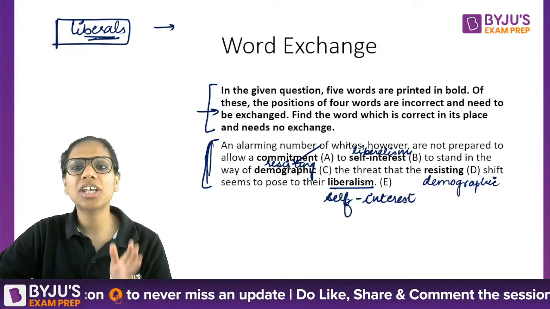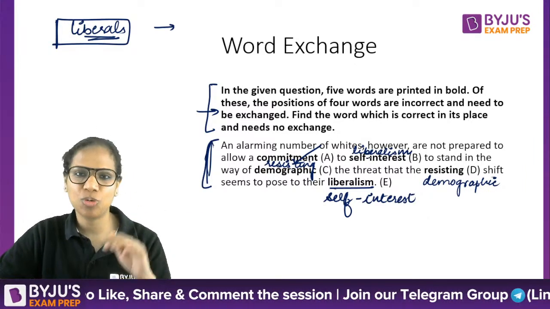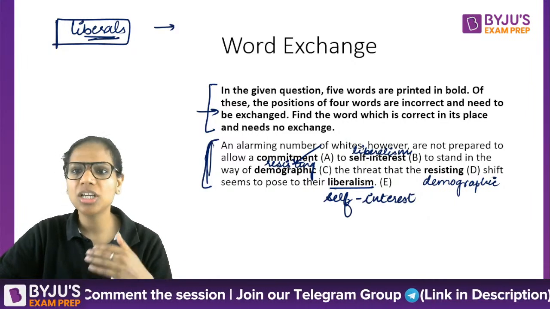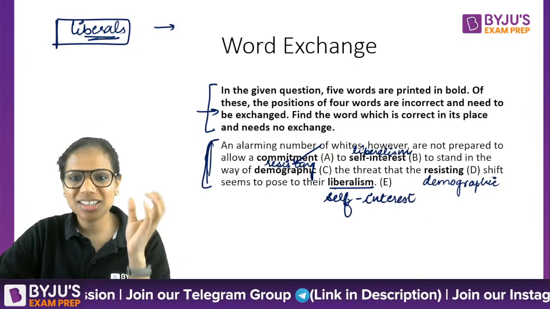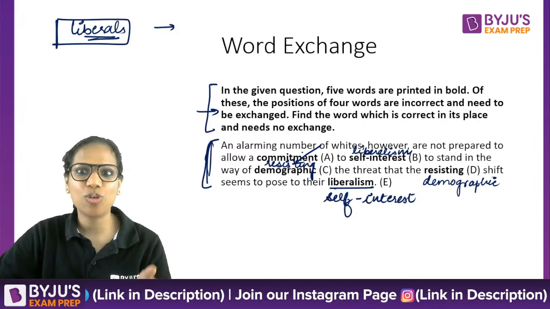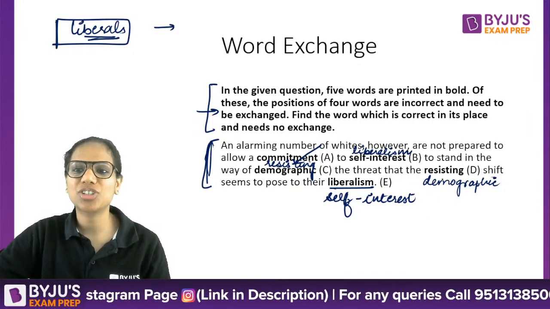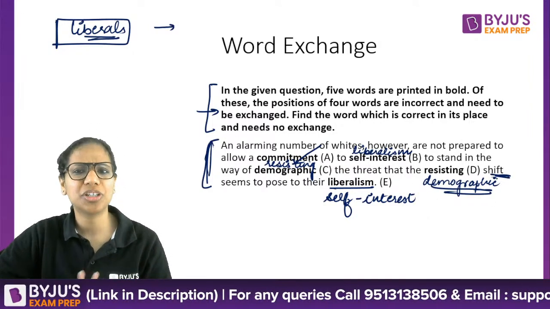Okay, so an alarming number of whites are not prepared to allow a commitment to liberalism. Although they are committed to liberalism, they don't allow this commitment to come in their way of resisting this perceived threat of the demographic shift. A demographic shift has happened in America.